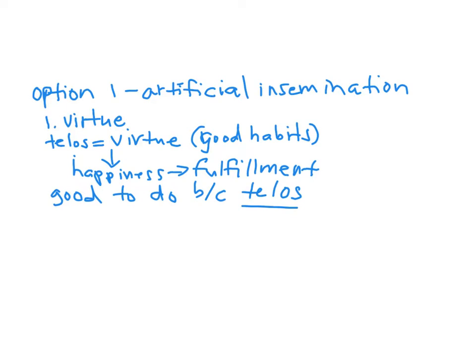But you could make the argument that for this woman, part of the telos of a woman is to have a child. So therefore, maybe, for her to feel that complete fulfillment, she needs to do this through artificial insemination. Yeah. So that's an argument you can make.